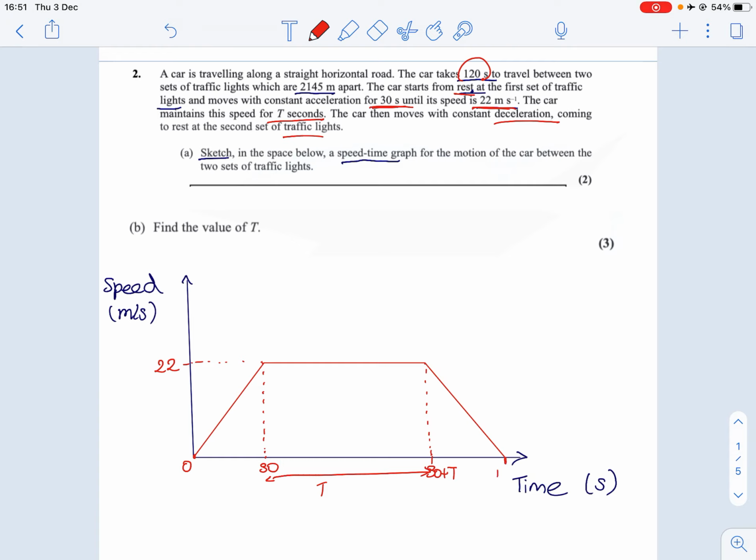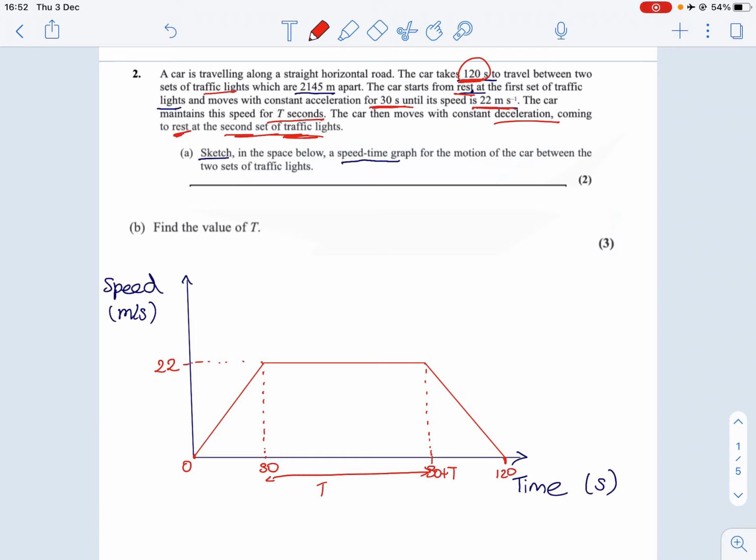And we know at here it's going to be 120 because the car takes 120 seconds between the two traffic lights. And when it comes to the second set of traffic lights, it comes to rest, and therefore the speed would be 0 at 120 seconds.